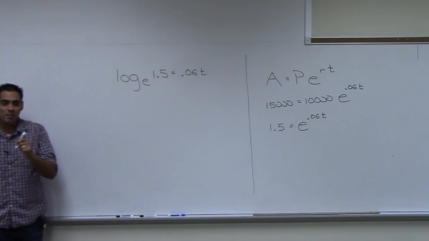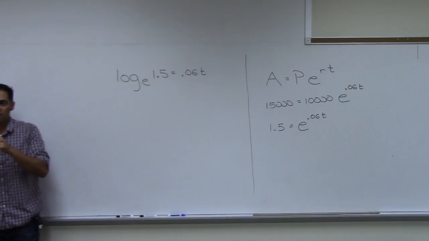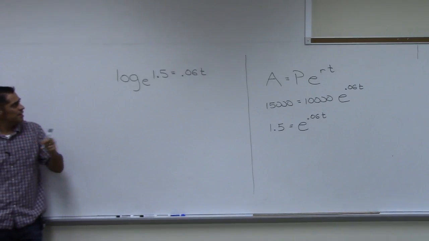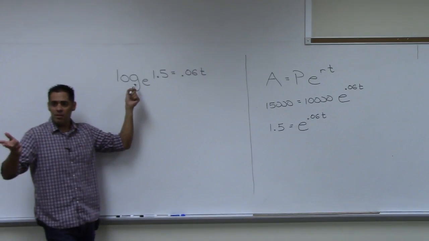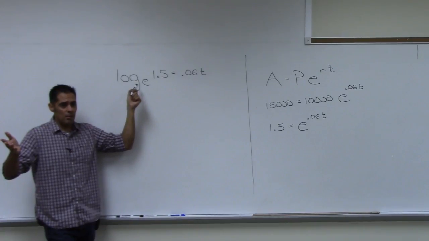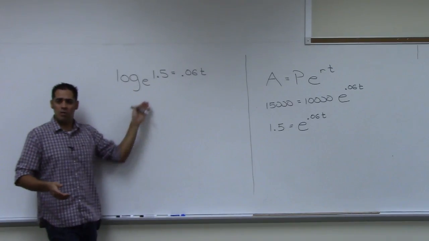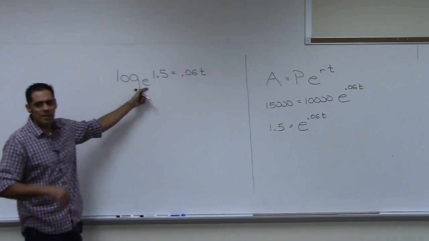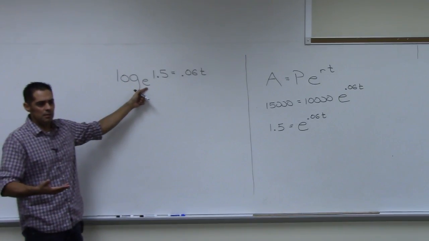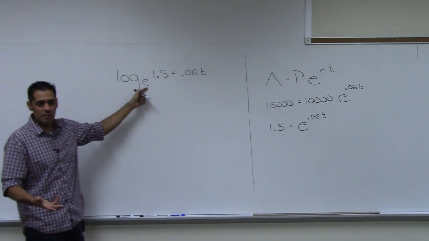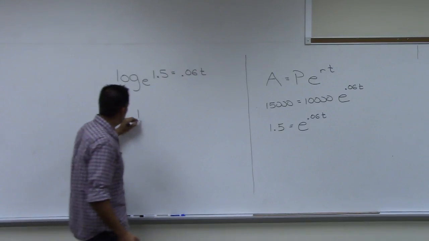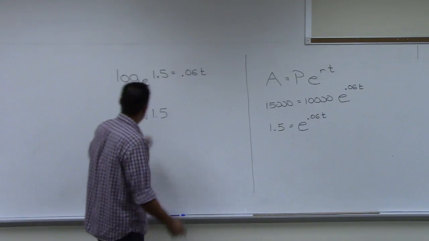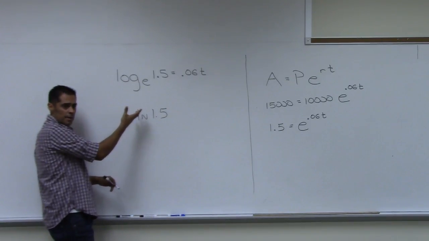Yeah, so this is the part that I'm curious to see how you handle. Because you could use the same formula we just used, the change of base formula, and do natural log over natural log. However, what does log base e really mean? That's natural log, right? So isn't this really just saying natural log of 1.5? Yes.